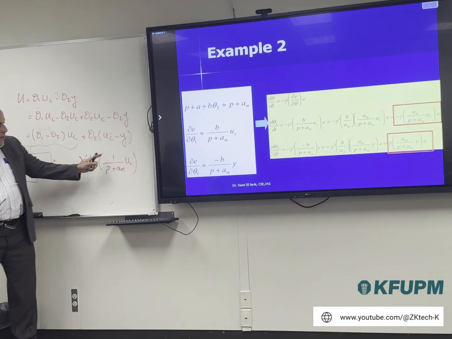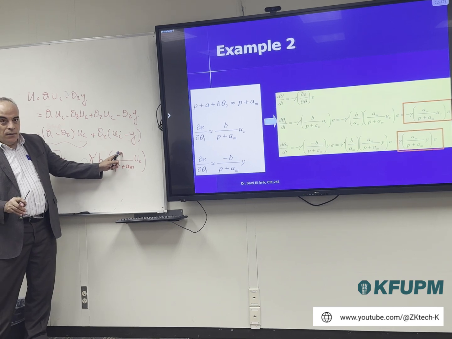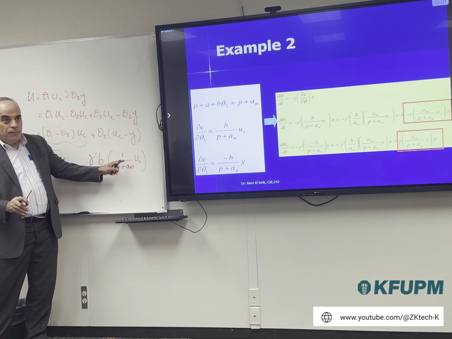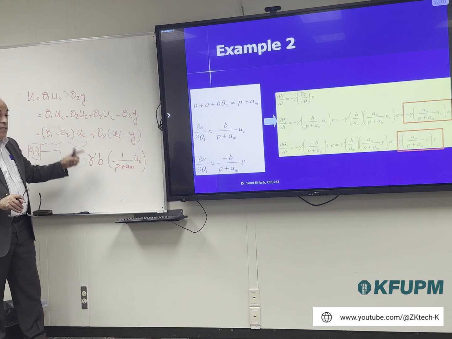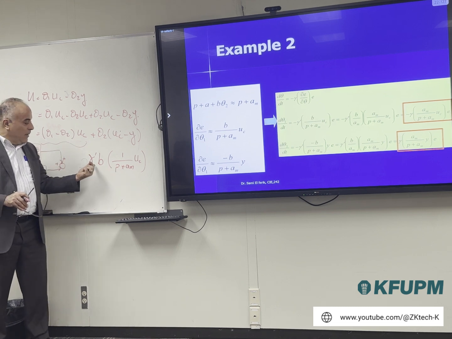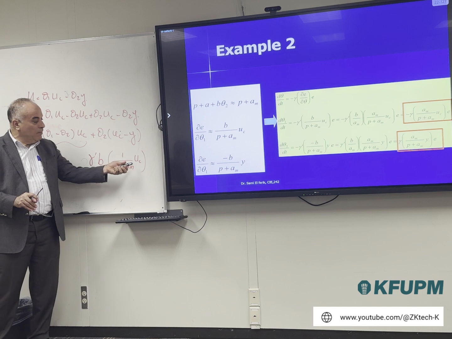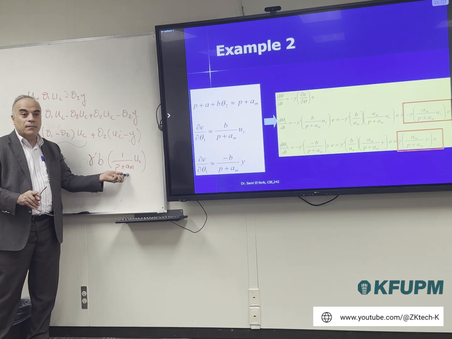In steady state, the gain of the system is 1 over AM. Everybody's okay? So basically, when I said it's 1 over AM, it means that in steady state, this gamma prime times B will be multiplied by UC divided by AM.